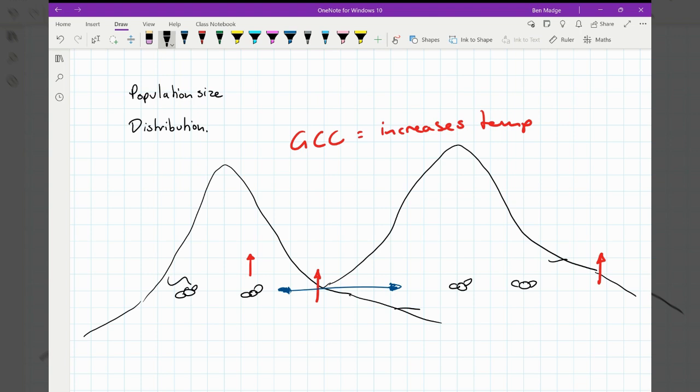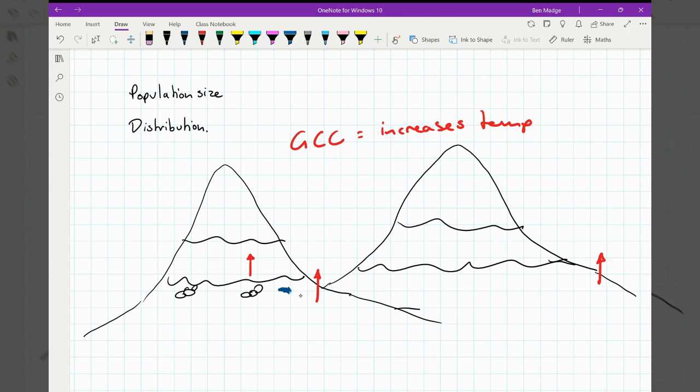So the band at which the conditions are appropriate, their food plant is there, or whatever it is, has now shifted up the mountain. And they might not be able to fly between patches of habitat like they used to be able to. It's too far away. It's not interconnected enough.